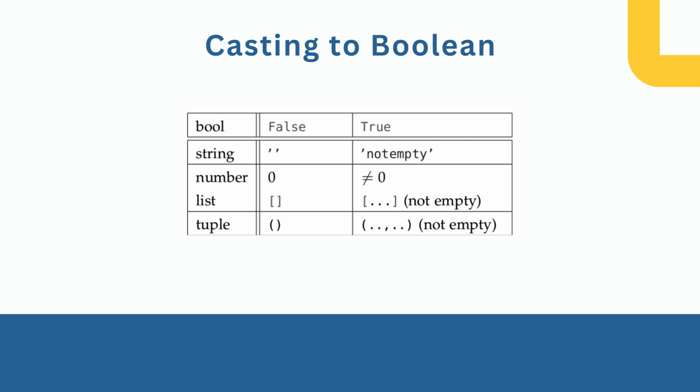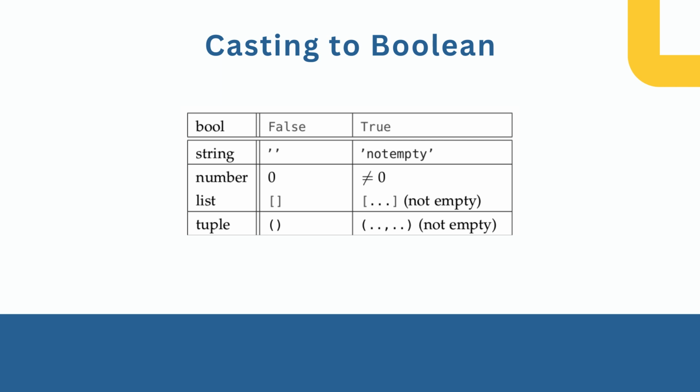Now moving on, casting to Boolean. In Python, when you are casting to Boolean, you need to know which things will return true and which will return false. If you see the second column over here, it shows what all things will return false when we are trying to cast to Boolean.